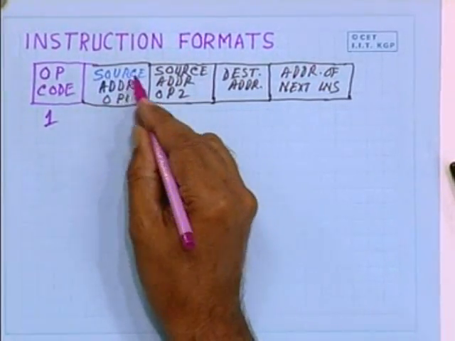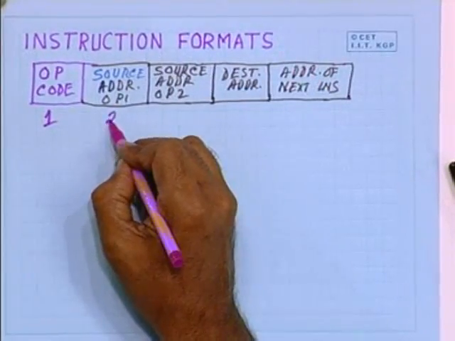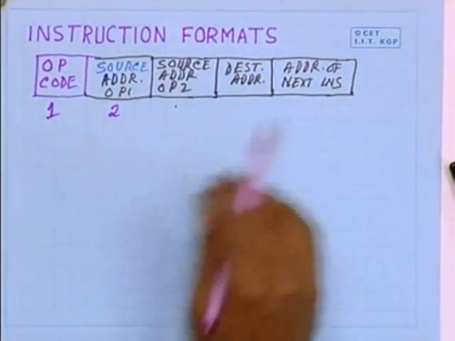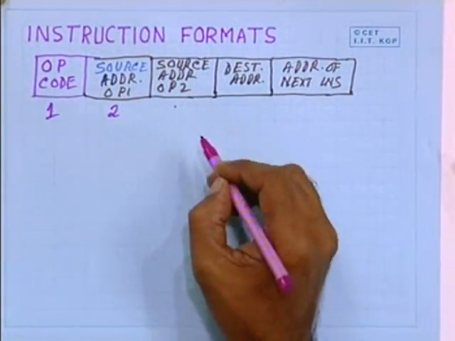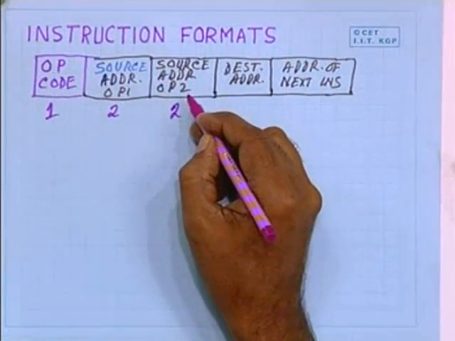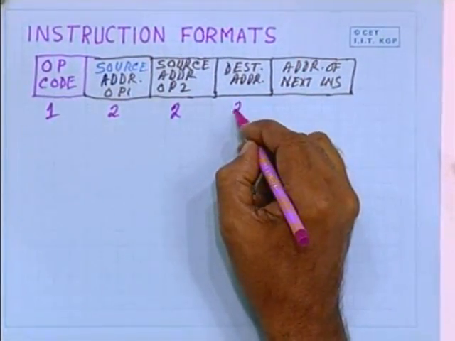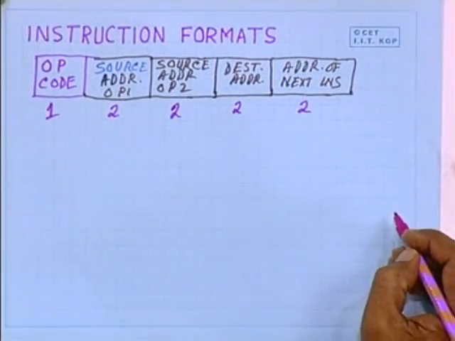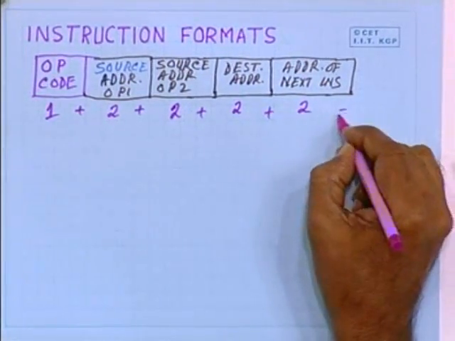Source address, as you have seen, for 8-bit microprocessors, the address size is 2 bytes. So you will require 2 bytes to explicitly specify the source address of operand 1, then 2 bytes to specify the source address of operand 2. Destination address also will require 2 bytes. Address for the next instruction will also require 2 bytes. So altogether it comes to 9 bytes.